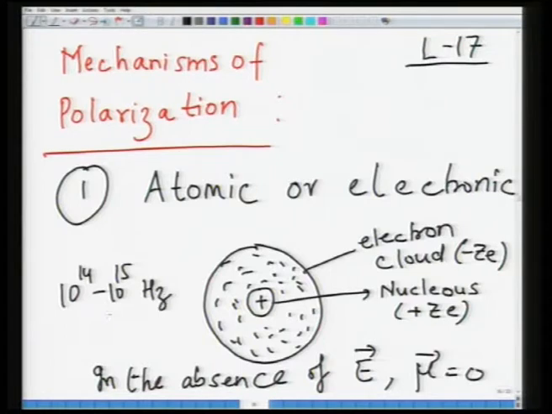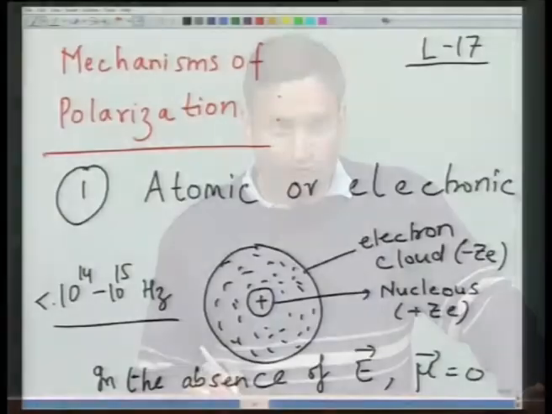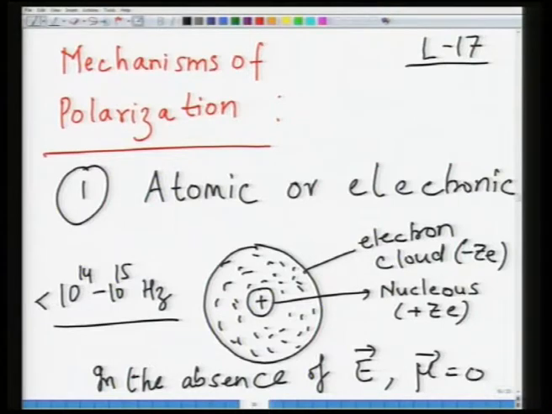At any frequency smaller than 10 to the power 15 hertz, this mechanism will operate, simply because the mass of the entities involved in this process is smaller. This is because the entities are lighter. So, any frequency smaller than 10 to the power 14, 15 hertz, this mechanism will operate. These are called optical frequencies.